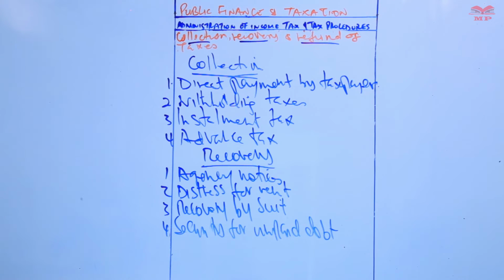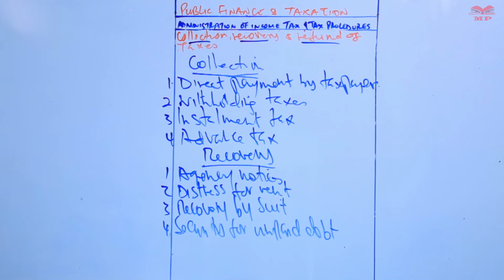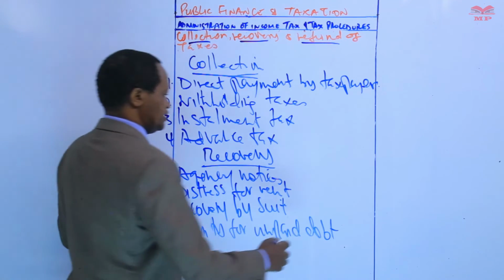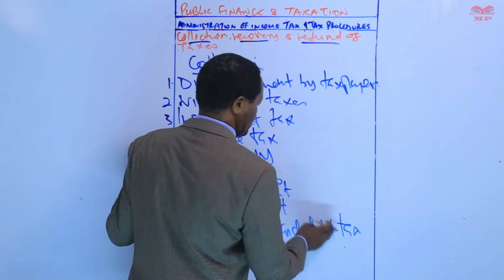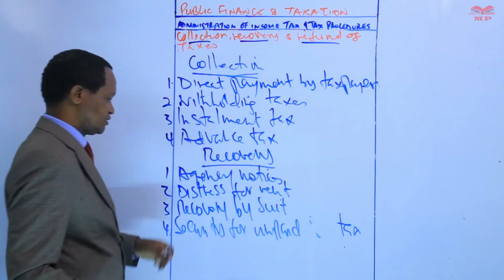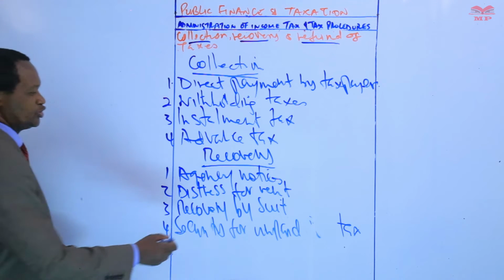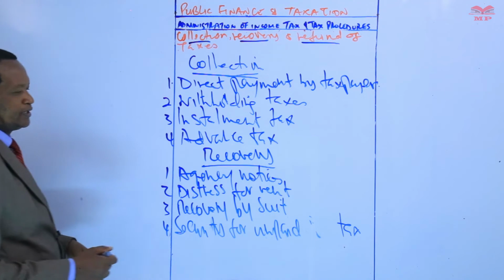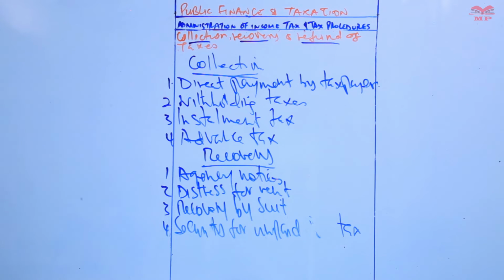KRA can seek to register a charge or security on the taxpayer's property to secure the outstanding tax debt. KRA can seek to charge the property of a taxpayer so that it can recover money from that security. Security for unpaid tax.